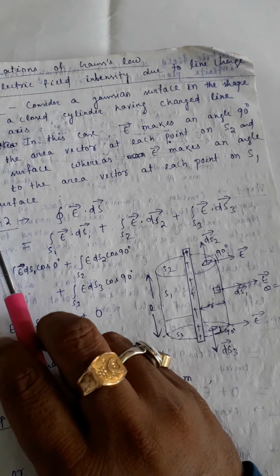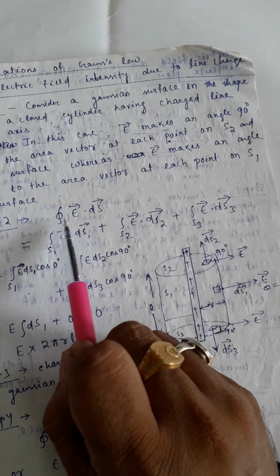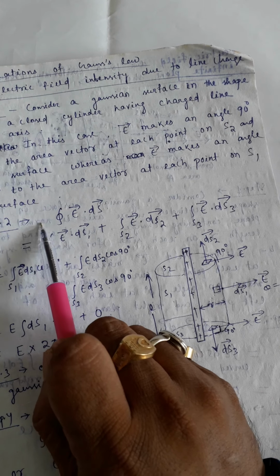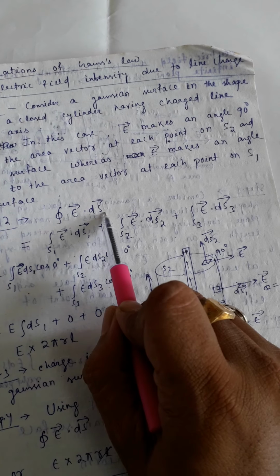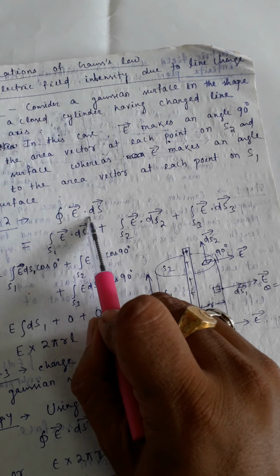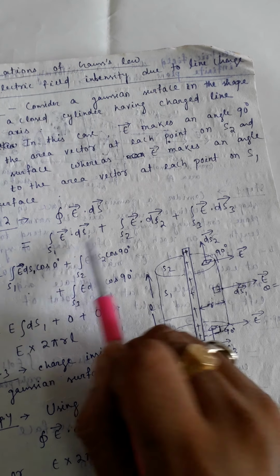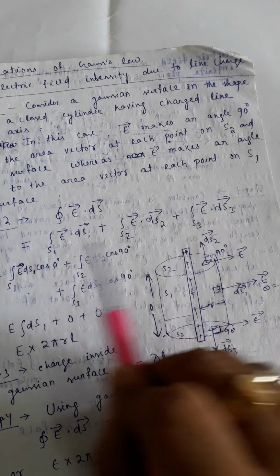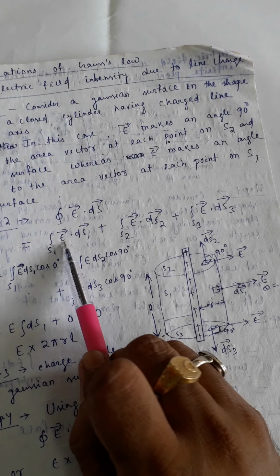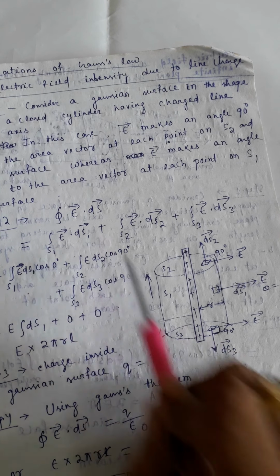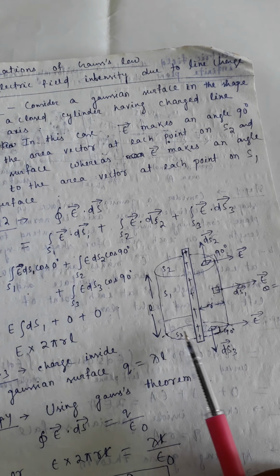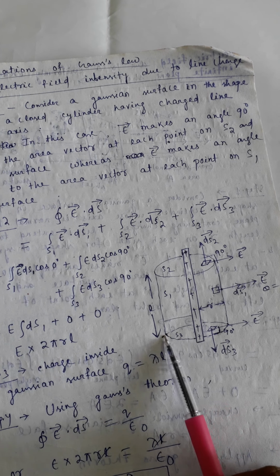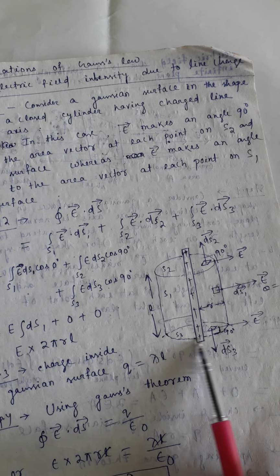So in step 2, we have to consider electric flux phi E is equal to closed integral E dot ds, and since there are 3 closed surfaces, we have to consider ds1, ds2 and ds3: integration of E vector dot ds1 vector plus integration of E vector dot ds2 vector plus integration of E vector dot ds3 vector.